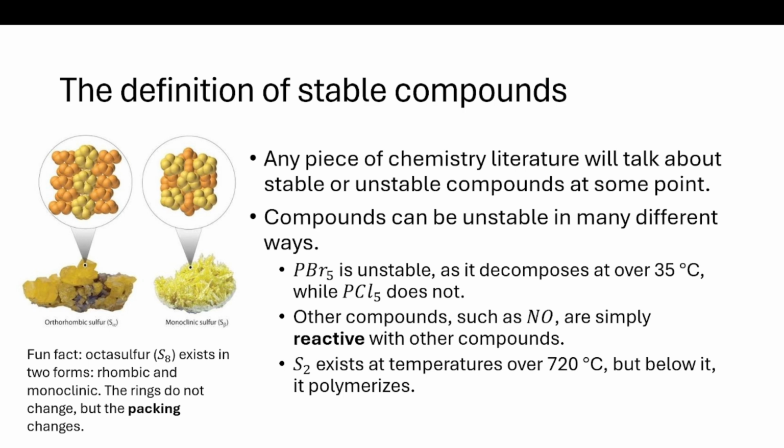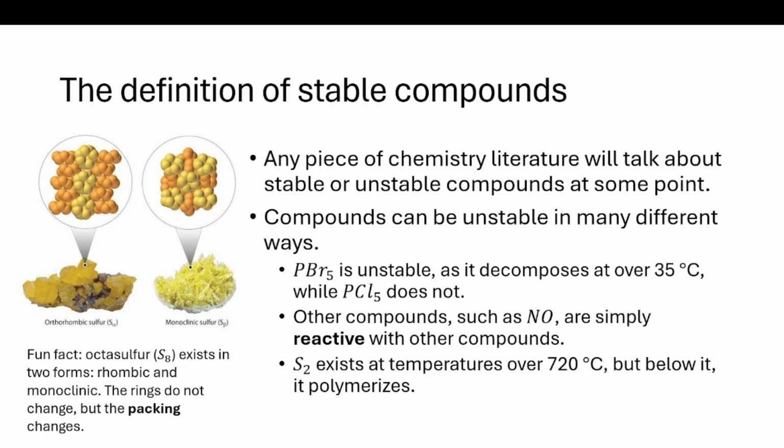So, for example, phosphorus pentabromide is going to be unstable as it decomposes over 35 degrees Celsius. 35 degrees Celsius is, I'd say, like 100 something Fahrenheit for us Americans. But you can see that it does get unstable after that. However, phosphorus pentachloride does not decompose over this temperature, and so we don't consider it unstable.